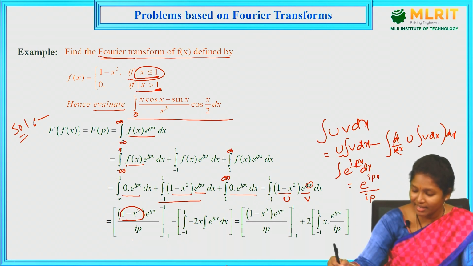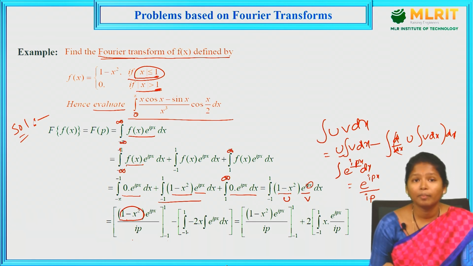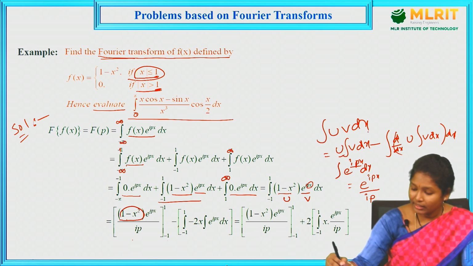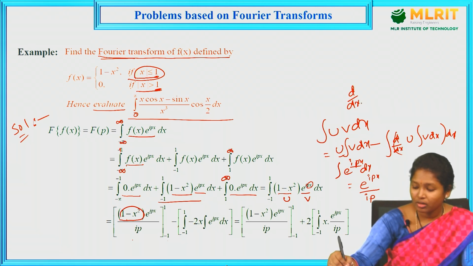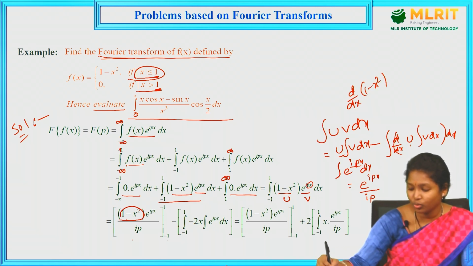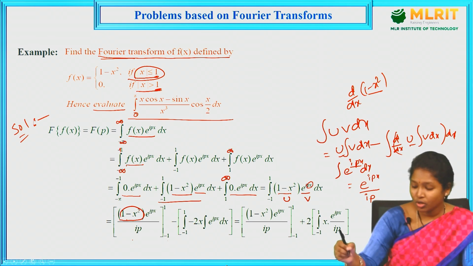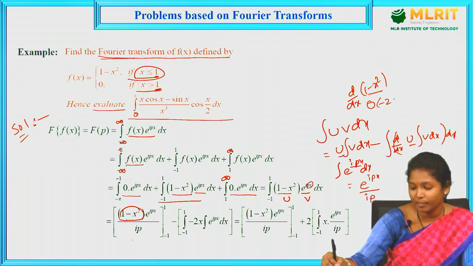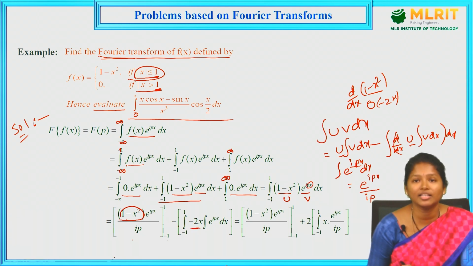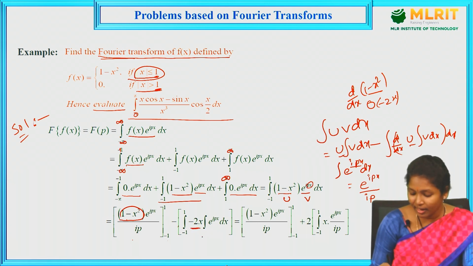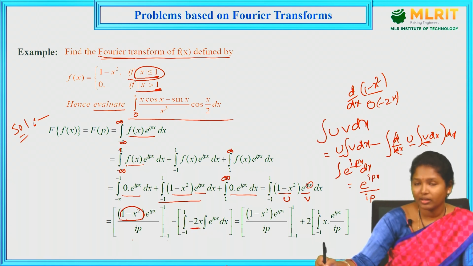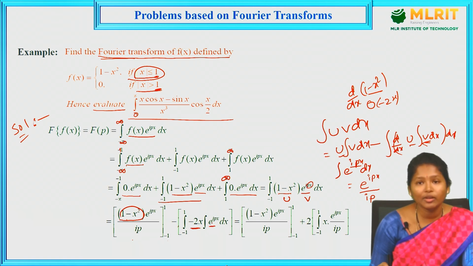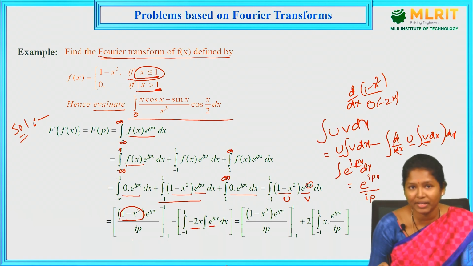Next, minus the integral from minus 1 to 1 of d by dx of 1 minus x square. U is 1 minus x square, so the derivative of 1 is 0 and the derivative of x square is minus 2x. This is minus 2x, and then the integral of e power ipx dx.